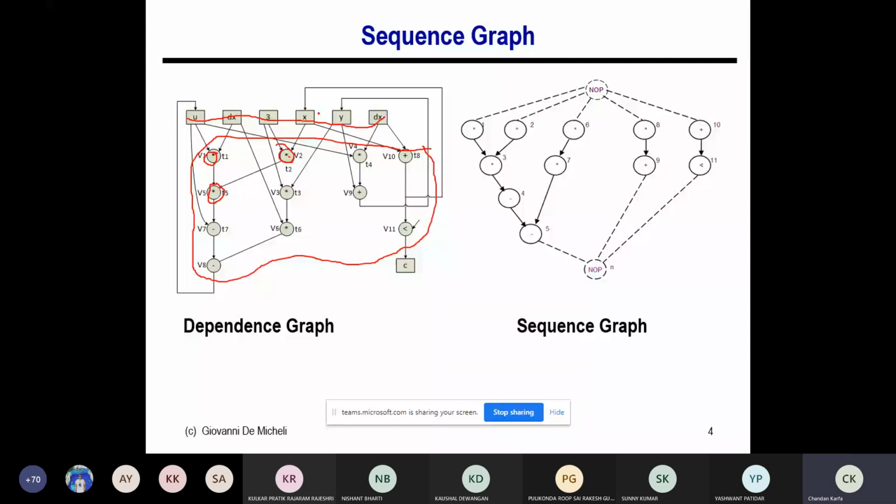We'll just merge these inputs into a single node, which is a source node, right? This is the source basically. Similarly, it may have multiple outputs. I can merge all those outputs, whatever the outputs are, into a single node, which is called the sink node, right? So this is what is called the sink node.